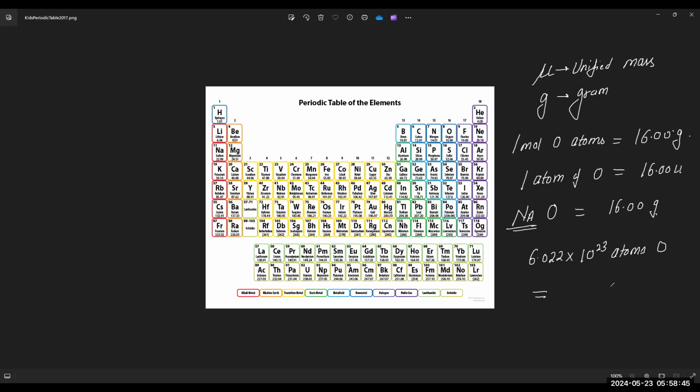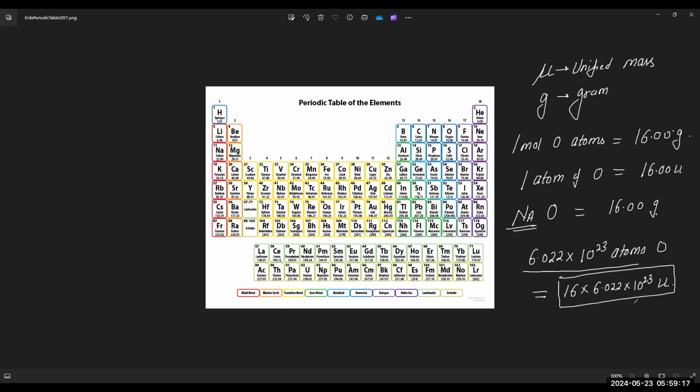In U, what will be the mass? One atom is 16 U. This many atoms in U will be 16 times 6.022 times 10 raised to power 23 U. Can I say that? Because 16 U is the mass of one atom, but this is the mass of 1 mole of atoms. Mayank, you are with me?